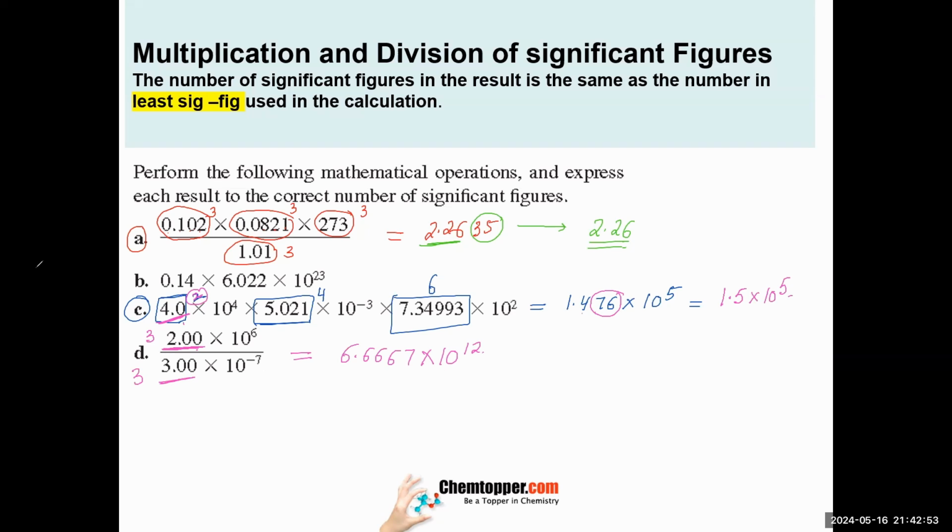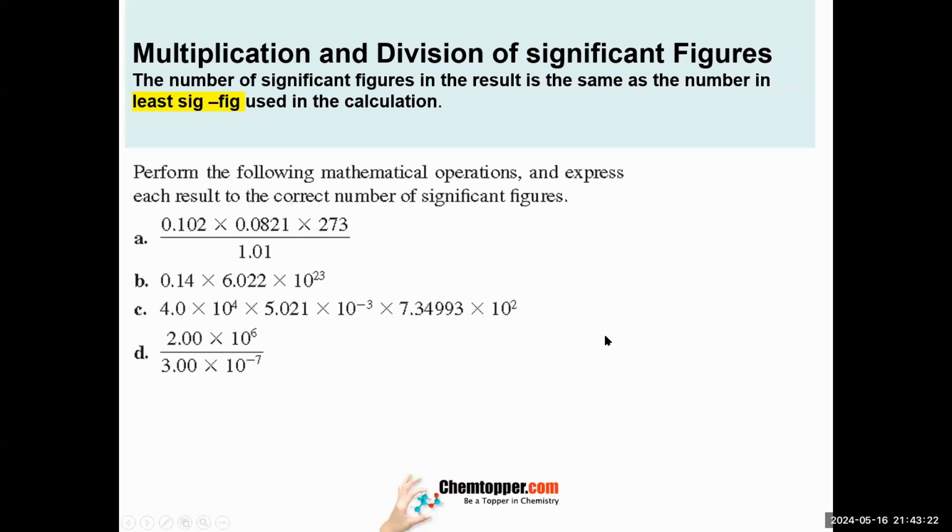Now I have to put this answer in 3 significant figures, so I'm going to drop all these digits. This one, I'm going to drop it. It is greater than 5. So my correct answer in correct significant figures is this.